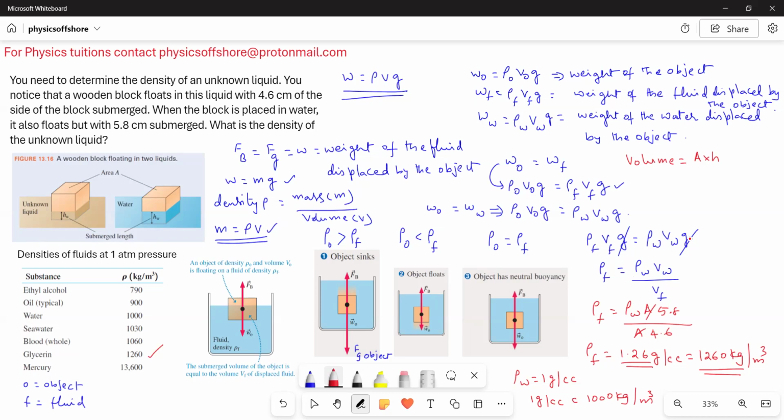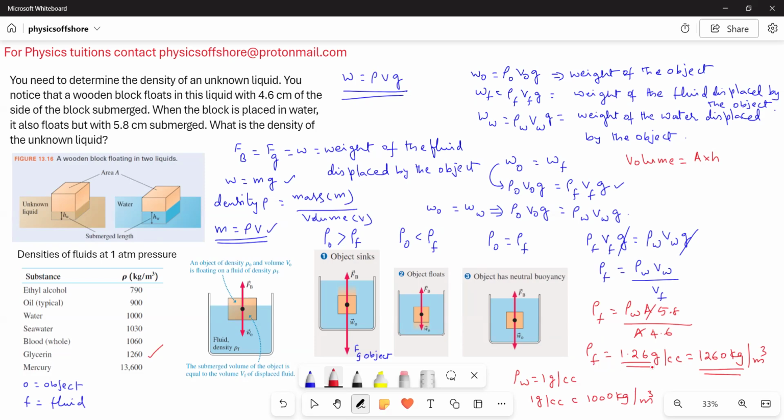Now we know volume is equal to area into height. Height is given to us, meaning the length of the object which is submerged in either the unknown liquid or the water. In both cases the data points are given, so using those we can find the density of the unknown liquid.